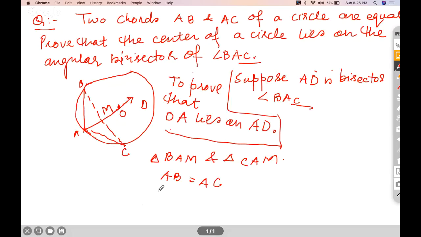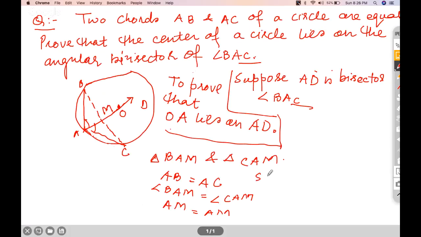Angle BAM is equal to angle CAM because AO is the angular bisector, and an angular bisector will divide the angle equally. So hence these two angles are equal. And here AM is equal to AM.